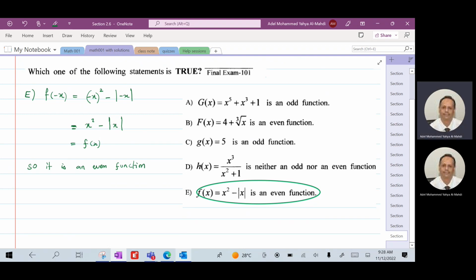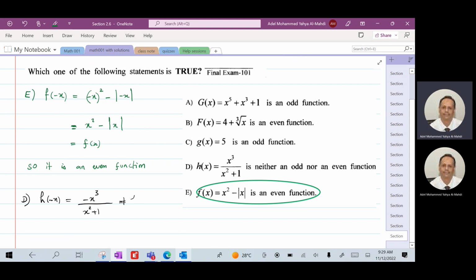function. Maybe I will show you D, because some students ask me why D is not true. So D, h of x, let me test h at minus x. h at minus x is equal to minus x to the power 3 over x squared plus 1.